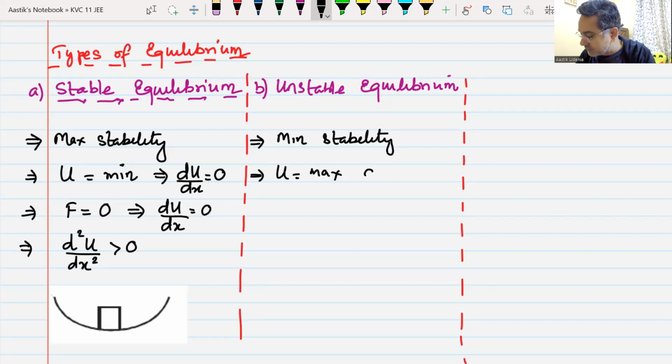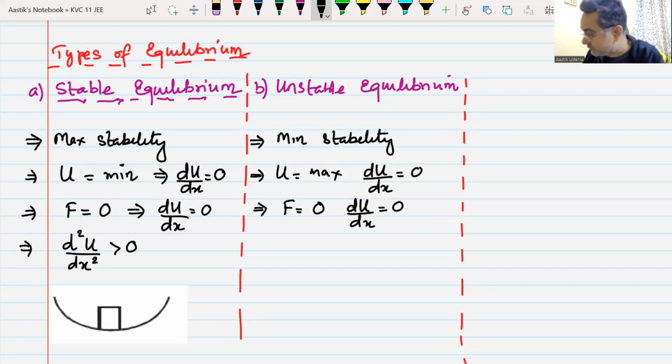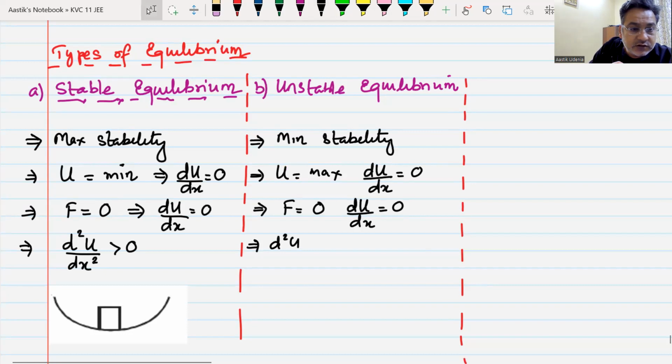But even if potential energy is maximum, your du by dx is equal to 0. It is the condition of equilibrium. Force is zero, that also implies that du by dx is 0. Now, this is the condition of maxima. So, here your second derivative will be less than 0. Do we remember this? Do we understand this?